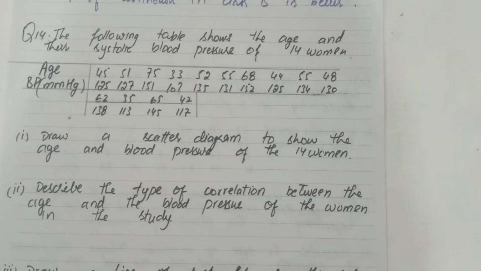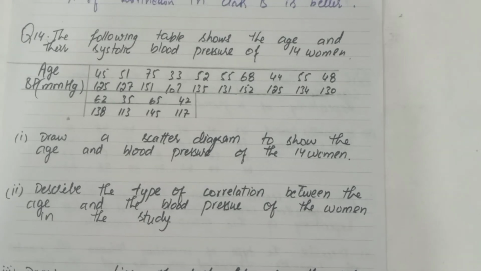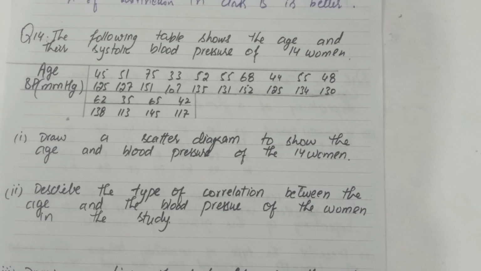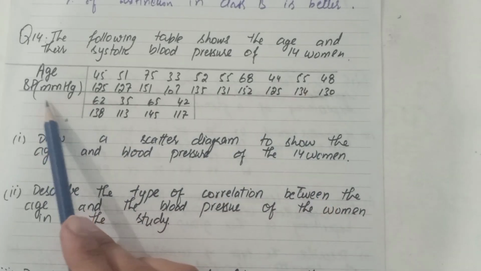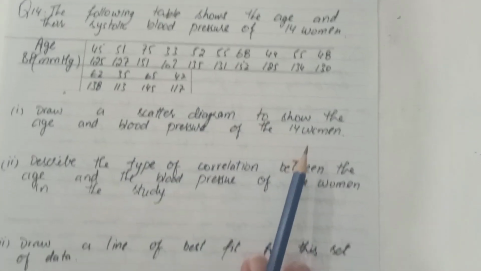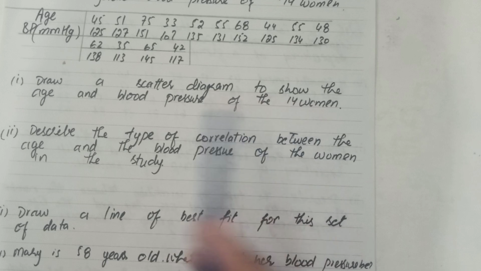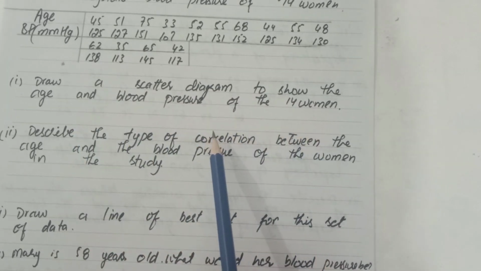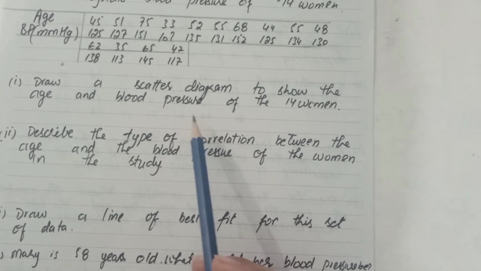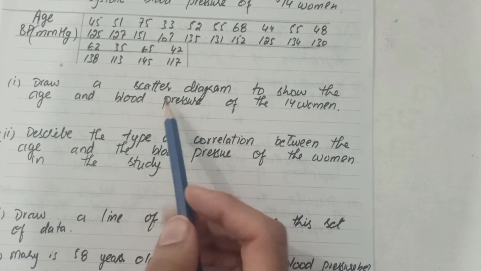Now students, question number 14. The following table shows the age and the systolic blood pressure of 14 women. This is the age and this is the blood pressure. In part number 1, draw a scatter diagram to show the age and blood pressure of the 14 women. A scatter diagram shows the relationship between the two variables.